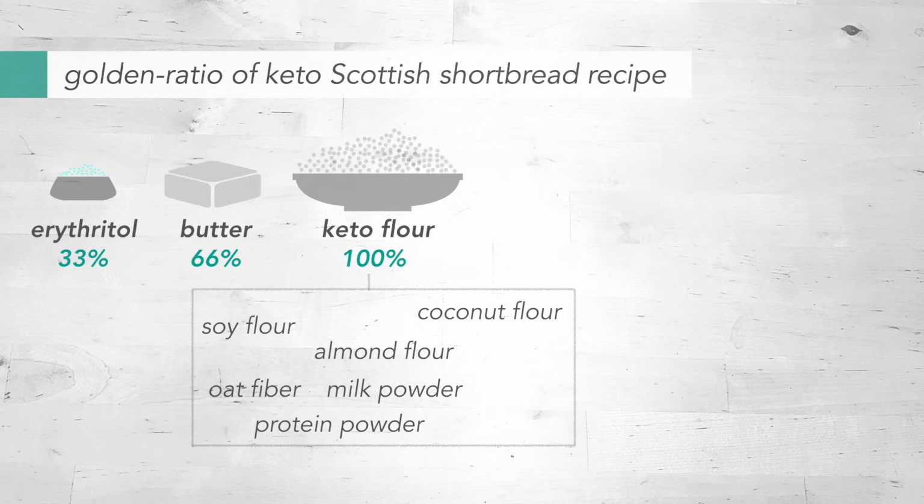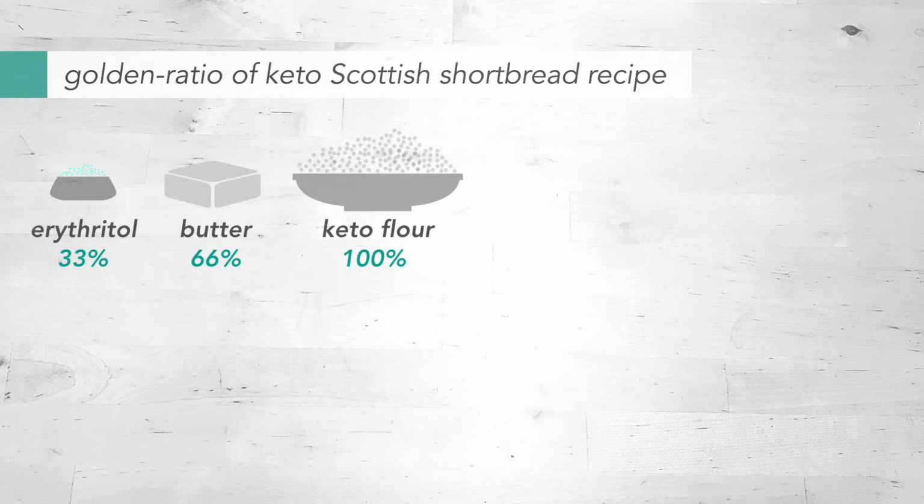I found I liked the addition of oat fiber, protein powder, and milk powder the best. With these additions, the ingredient proportions changed from 1 to 2 to 3, to 1 to 2 to 4. As a result, my golden ratio of the keto Scottish shortbread recipe is more tangible.